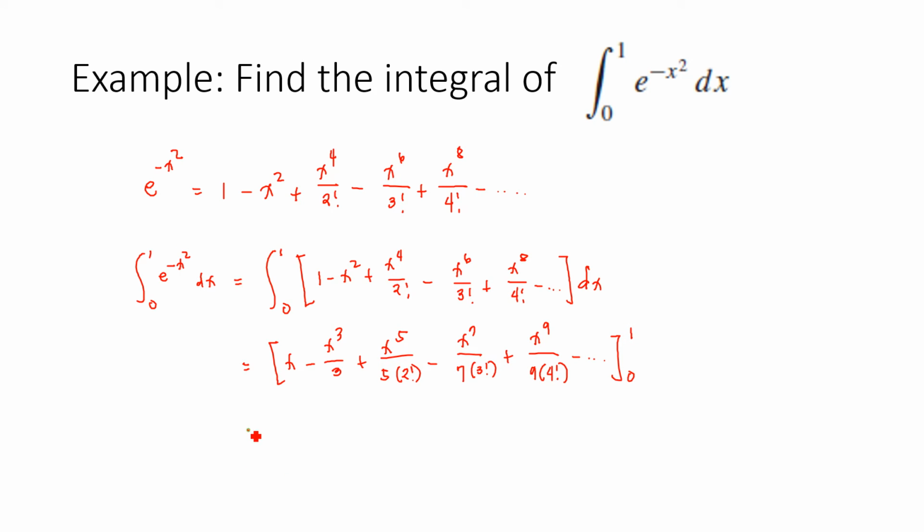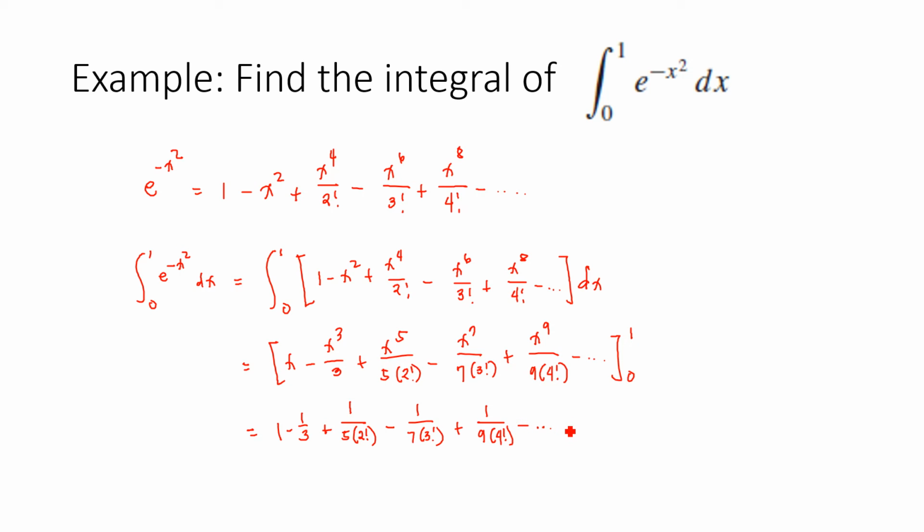which is substituting, you have 1 minus 1/3 plus 1 over 5 times 2 factorial minus 1 over 7 times 3 factorial plus 1 over 9 times 4 factorial minus so on.